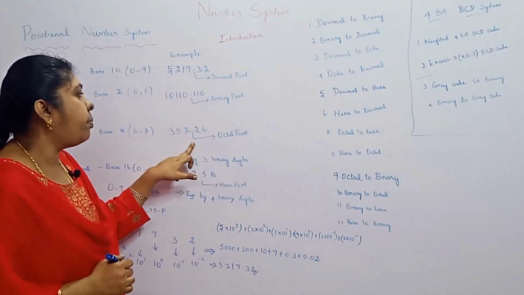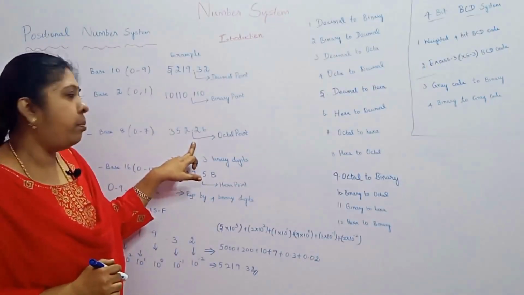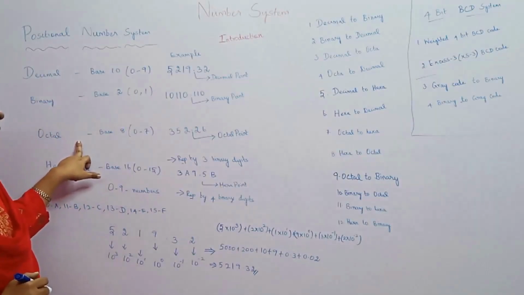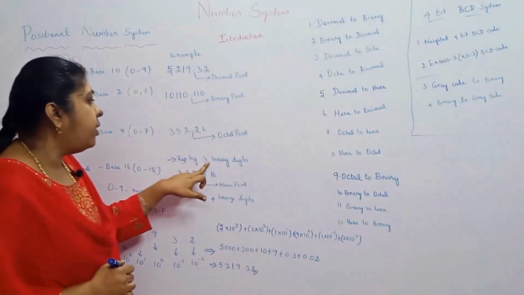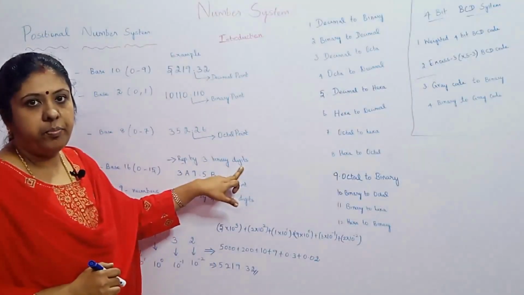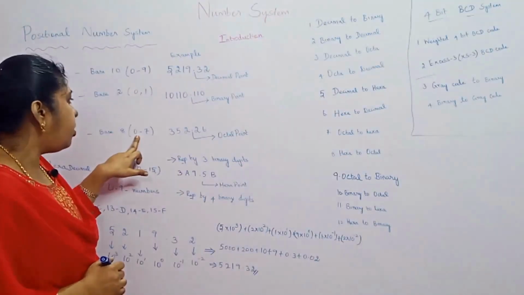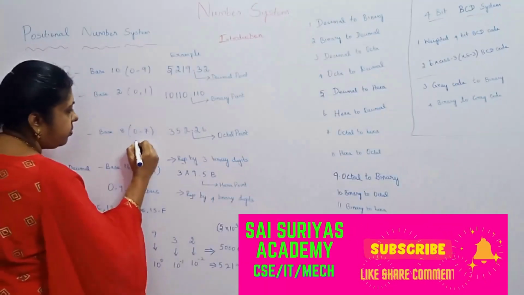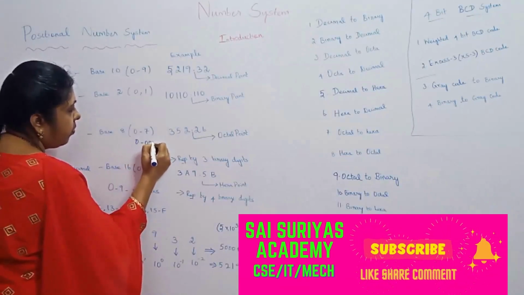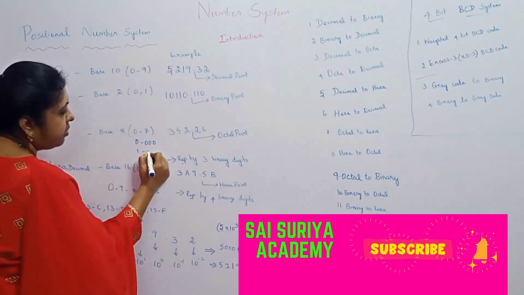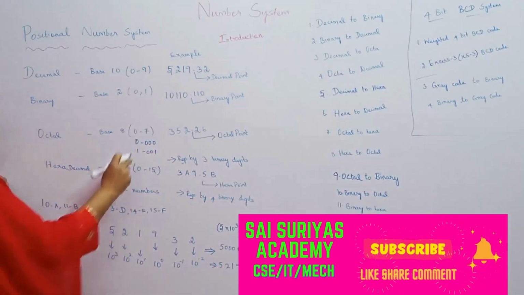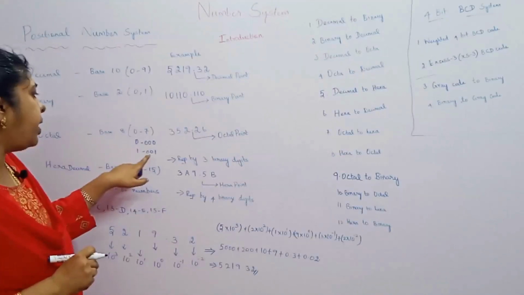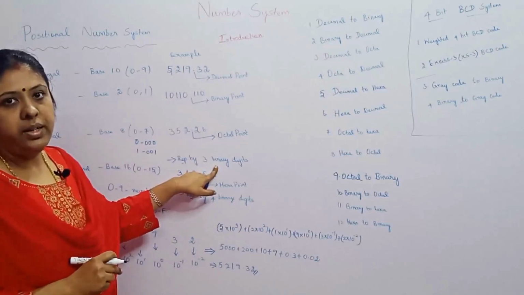The point separating the parts is called the octal point. These numbers, when represented in binary, can be represented by 3 binary digits. For example, 0 is represented as 000 and 1 is represented as 001. Similarly, for 0 to 7, when converting to binary, they can be represented as 3 binary digits.